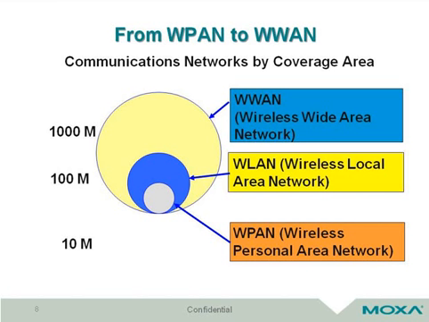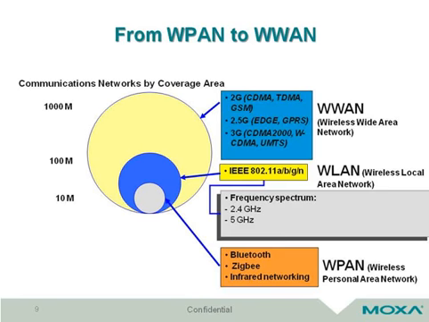For wireless local area network, maybe 100 meters square area, and wireless personal area network is around 10 meters square area. From wireless PAN to wireless WAN, there are several popular technologies. Bluetooth, Zigbee, and infrared networking only cover a 10 meters square area.